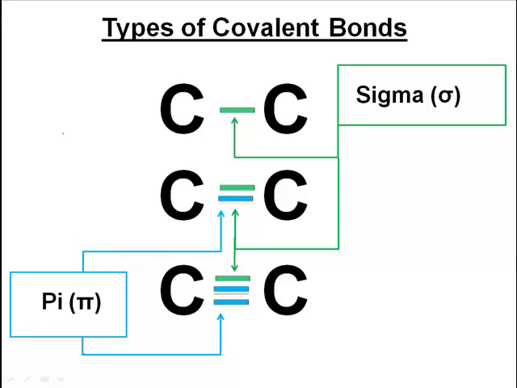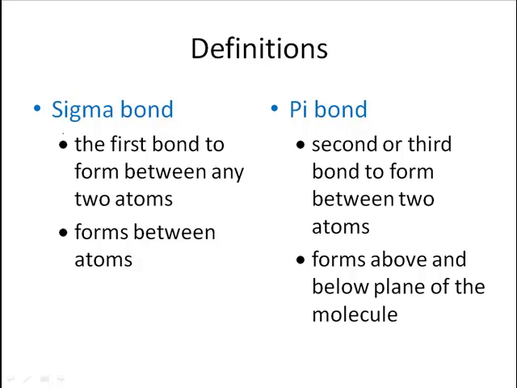So sigma and pi bonds will help us understand some of the types of covalent bonds we can have. A sigma bond is defined as the first bond to form between any 2 atoms. In our little gumdrop activity, we only dealt with sigma bonds. There were no pi bonds at all, only sigmas. A pi bond is the second or third bond to form between two atoms. This forms above and below the plane of the molecule.